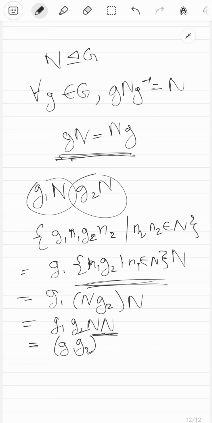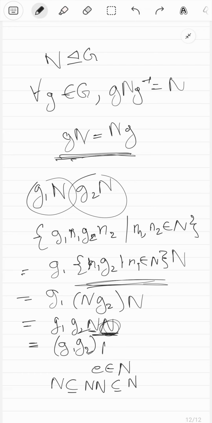But clearly this contains the identity, so capital N is a subset of N times N. But obviously N times N can only have elements in capital N itself, so that's a subset of N. This is due to the fact that capital N is a group, and we're just doing multiplication inside of the set notation. So essentially N times N is just N itself.